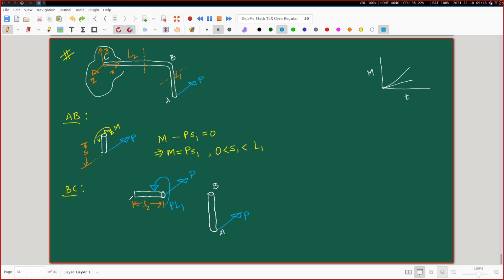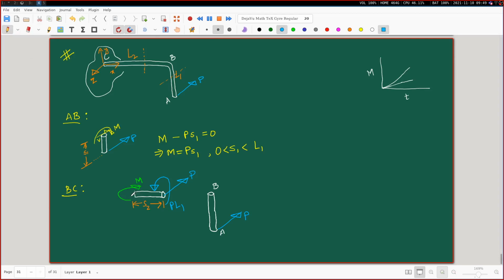And so it's like this. This is the moment. And by the way, that should be in green color. All right. There should be one shear force also.